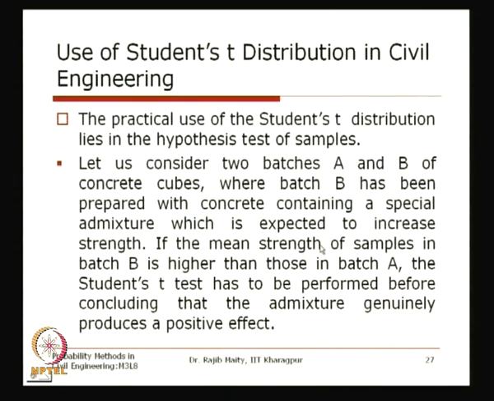If the mean strength of the sample in batch B is higher than that in batch A, the student t test has to be performed before concluding whether the admixture genuinely produces a positive effect. It is not only for this case. Wherever the sample mean is involved, we use the student t distribution.